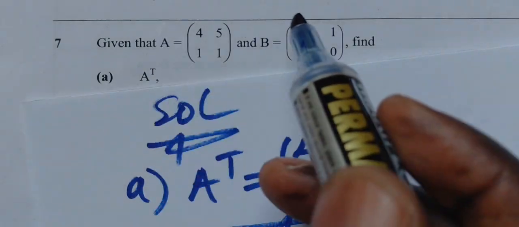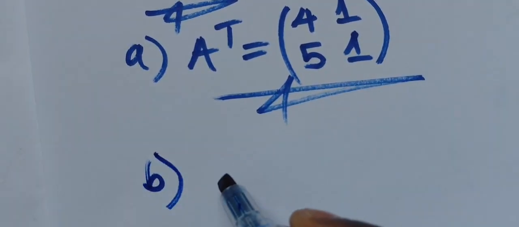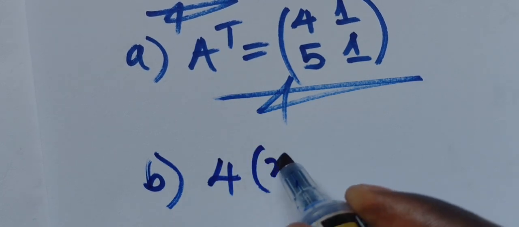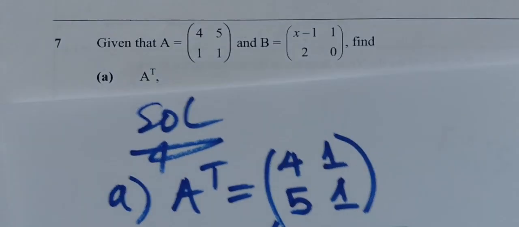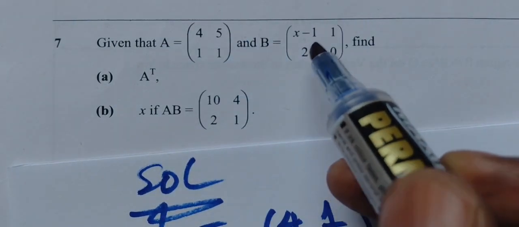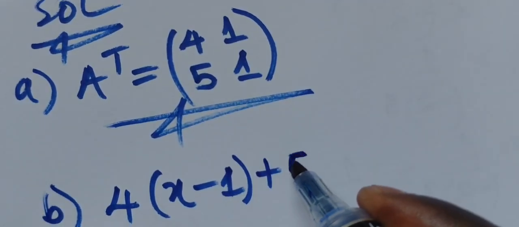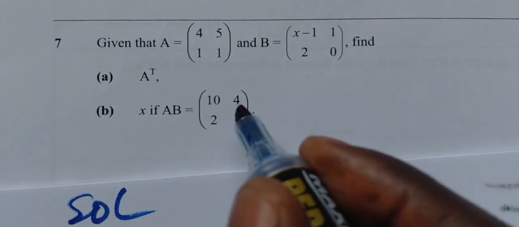So this is 4 times x minus 1. So for B, it is 4 times x minus 1, then plus the next multiplication, which is 5 times 2. So 5, then times 2, and this equals 10.